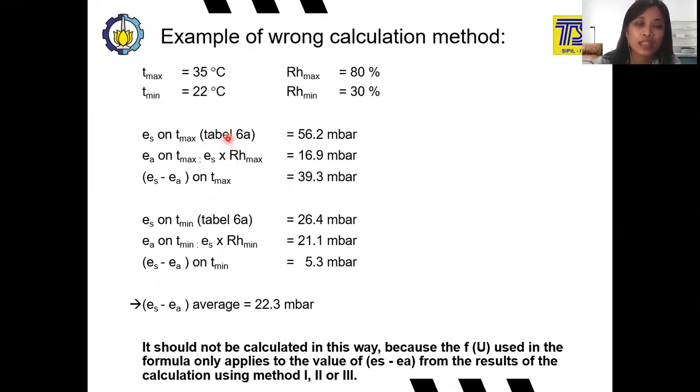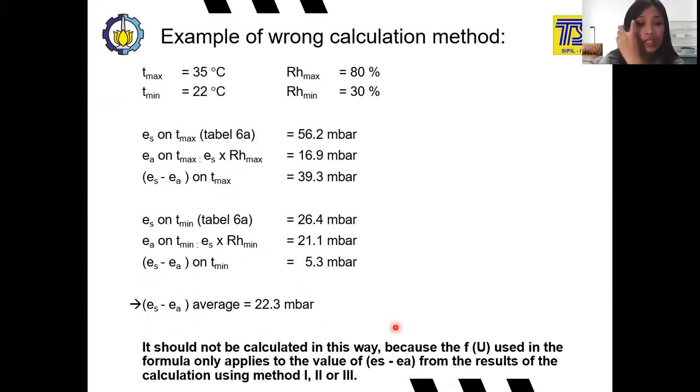They calculate ES minus EA on Tmax, and then ES minus EA on Tmin, and then they average them.